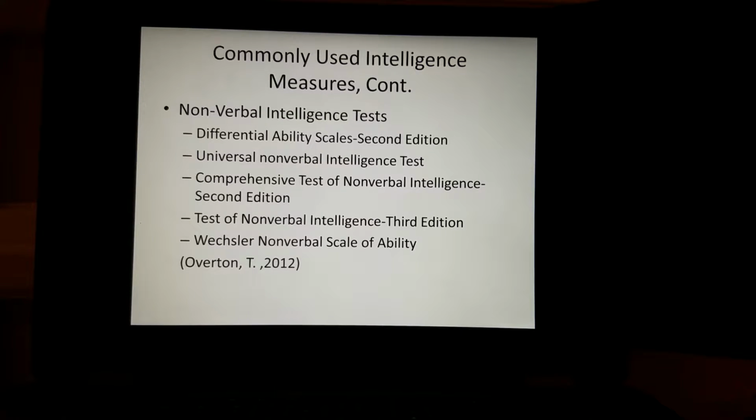So we continue on to some additional commonly used intelligence measures. So we can look at some nonverbal intelligence tests, which again would be useful for nonverbal students or persons, as well as those that are not fluent in the English language. So for the differential ability scales, there's an early year subtest that would be a lower early year subtest that would be used for children 2 years and 6 months to 3 years and 5 months.